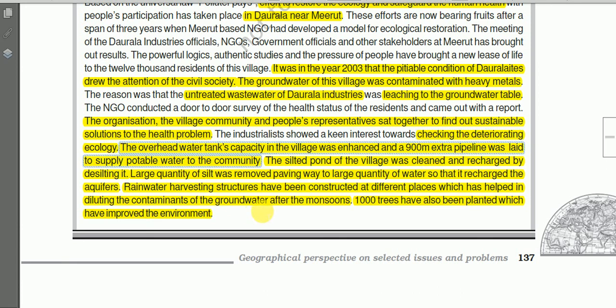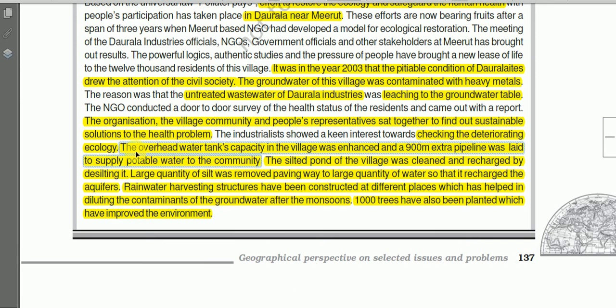What are the steps taken by them? The overhead water tank's capacity in the village was improved, made bigger, and a 900-meter extra pipeline was laid to supply potable water to the community.